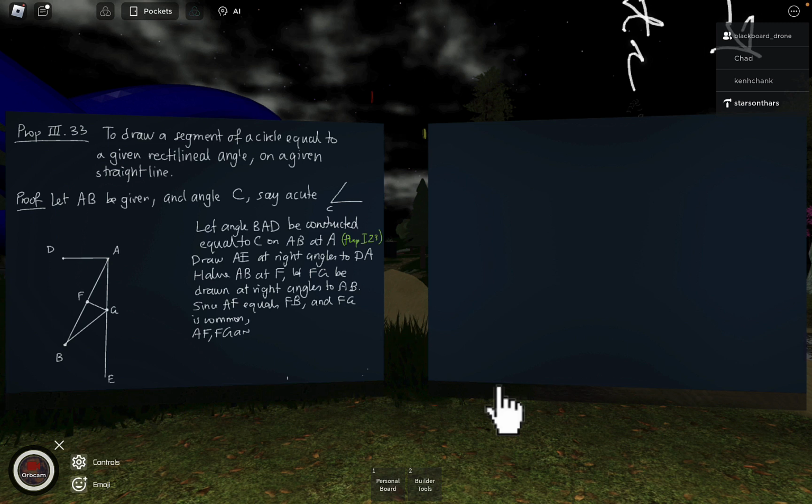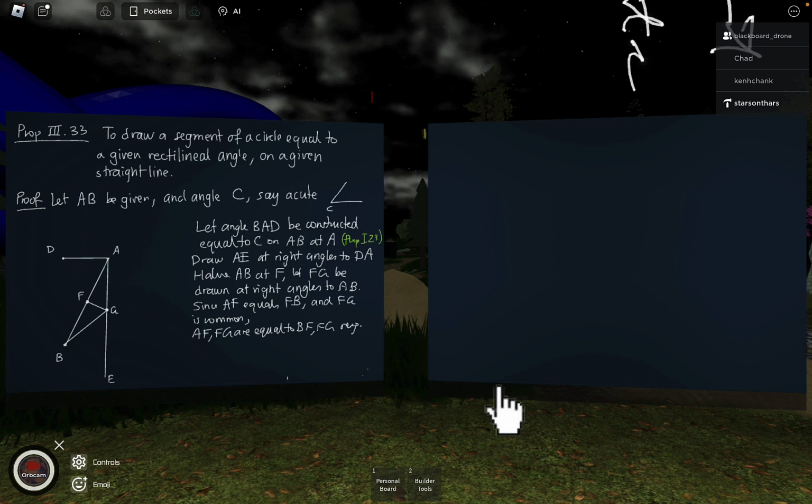AF, FG equal to BF, FG respectively. And AFG and BFG are equal because they're right angles. So AG equals BG by proposition 1.4. I feel like that must be the most used proposition in the book.